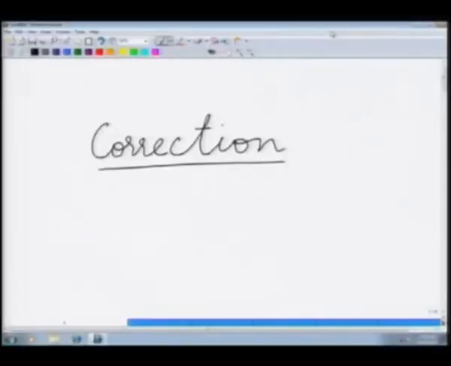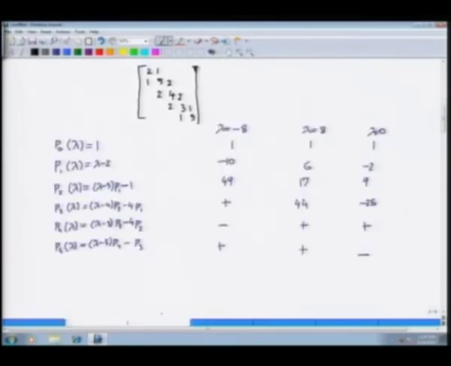There was a small error in the calculation in the board work. So, please note this correction. Here what you saw in the board was this: we were analyzing the eigenvalue problem of this problem, and this is what appeared on the board, and in this there is a correction.